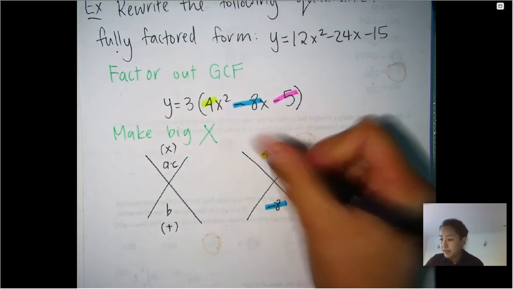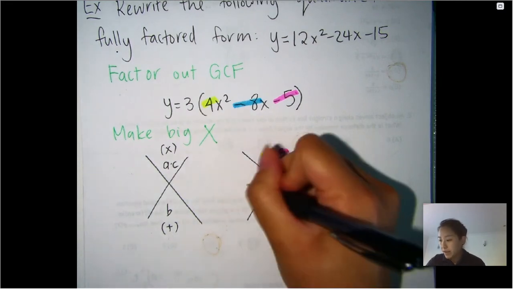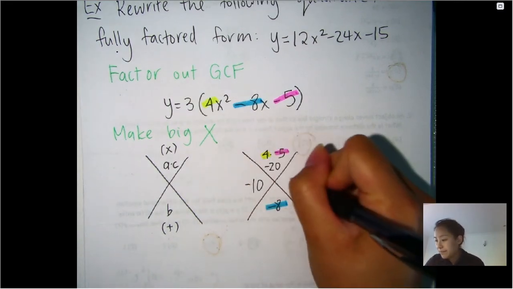So this equals negative 20. So we're trying to find two numbers that add up to negative 8 and multiply to negative 20. And so the numbers that come to mind are negative 10 and 2.